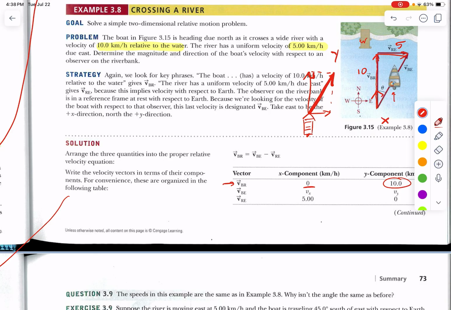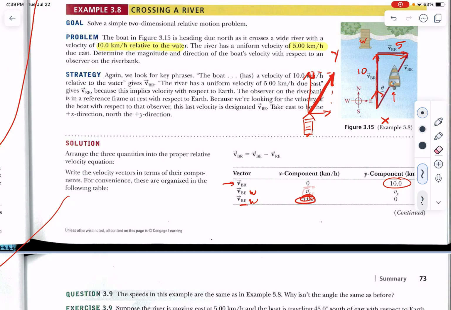As far as the velocity of the boat relative to the earth, the water is on the earth, and so this could be the velocity of the boat because of the water as opposed to the earth. In any case, it is moving in the x direction exclusively, right there. And that's the velocity of the river relative to the earth.